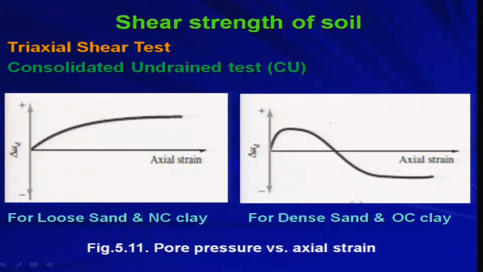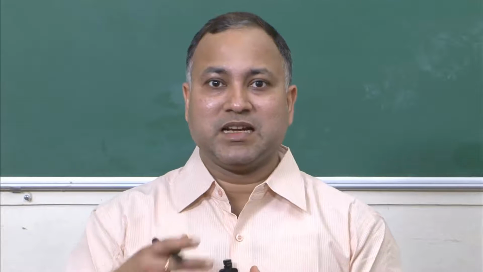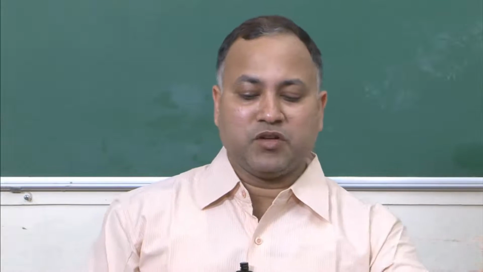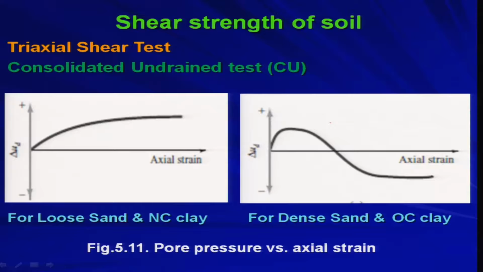Now, in case of CD test you can measure delta sigma d versus axial strain, but in case of consolidated undrained test, you can also measure how the pore pressure is getting built up, how the pore pressure is getting enhanced in the soil specimen. In case of loose sand and normally consolidated clay, as your axial strain increases, your pore pressure, that is delta ud, also goes on increasing, right.